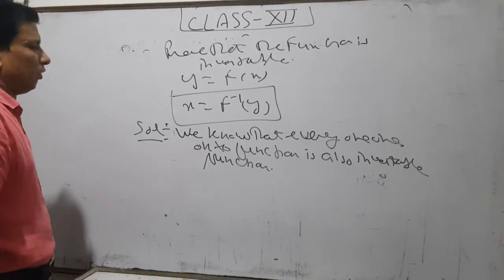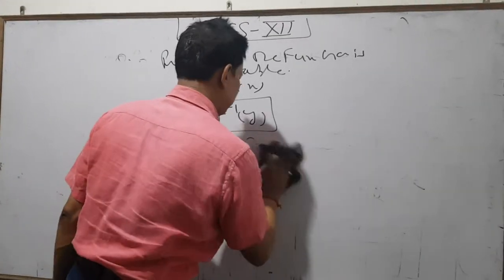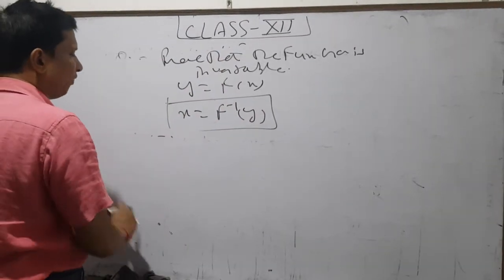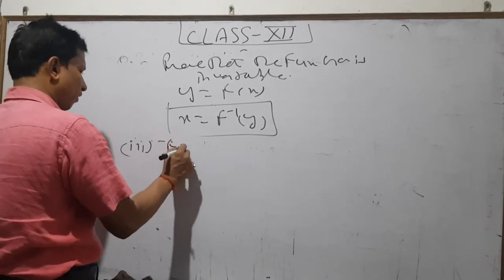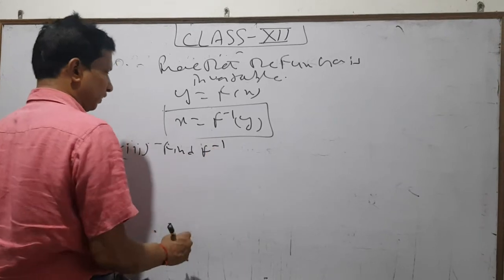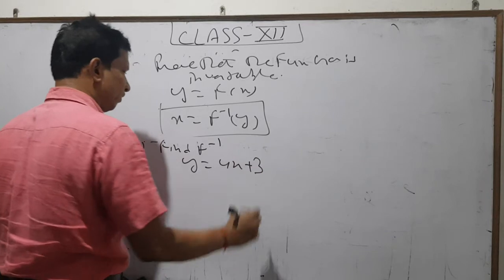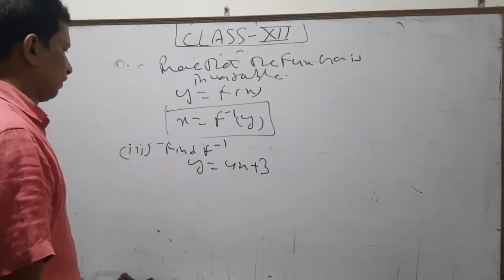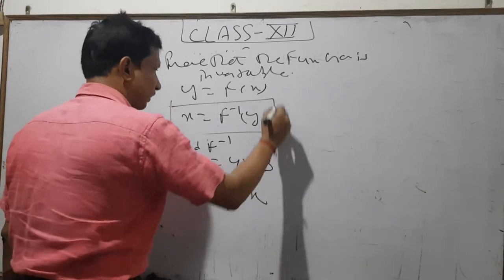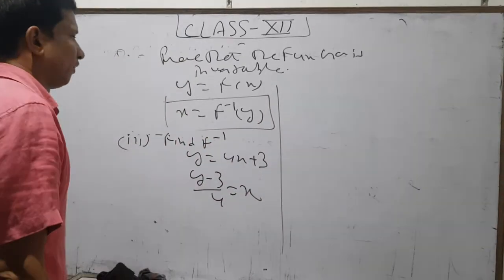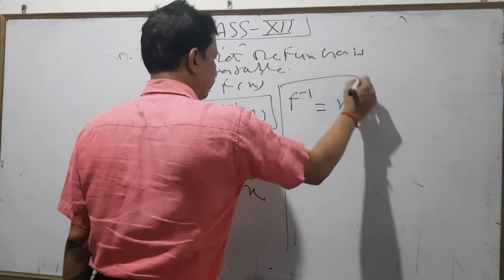Next, find the value of f inverse. Find f inverse. y = 4x + 3. (y - 3)/4 = x. f inverse is equal to x.